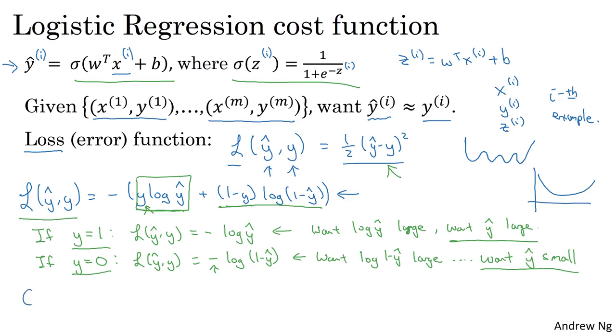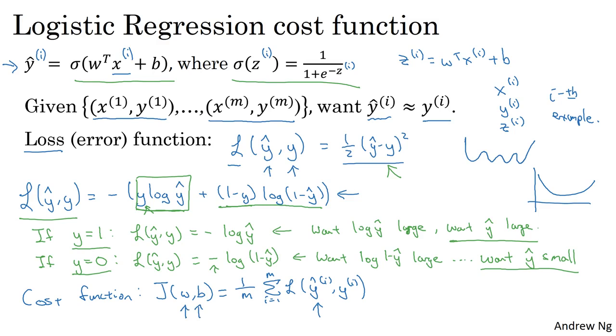I'm now going to define something called the cost function, which measures how well you're doing on the entire training set. So the cost function J, which is applied to your parameters w and b, is going to be the average, really, 1 over m of the sum of the loss function applied to each of the training examples in turn, where here y hat is of course the prediction output by your logistic regression algorithm using a particular set of parameters w and b.